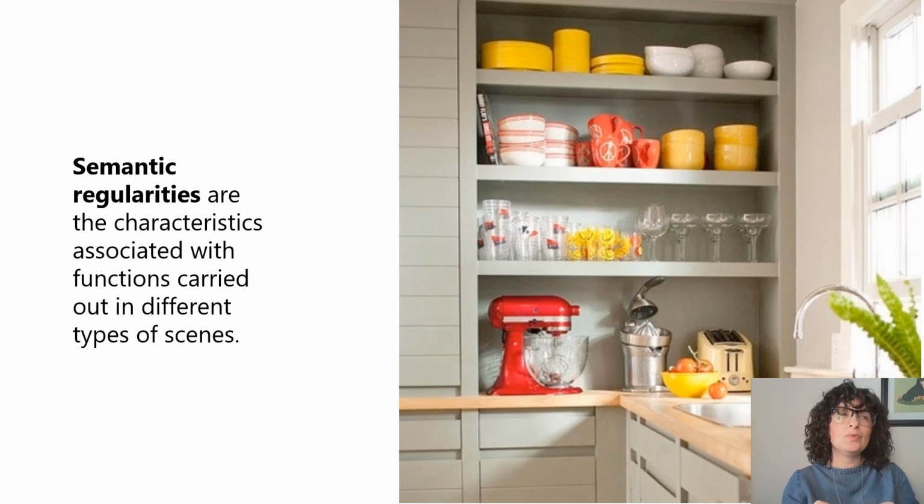It's how we figure out what happens at restaurants. It's how we know what goes in a kitchen. So a kitchen is a schema, and it's going to have semantic regularities as part of that. A kitchen should have a fridge, a stove, a sink. If you're lucky, a KitchenAid mixer.